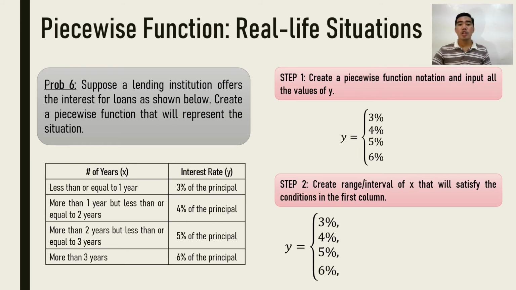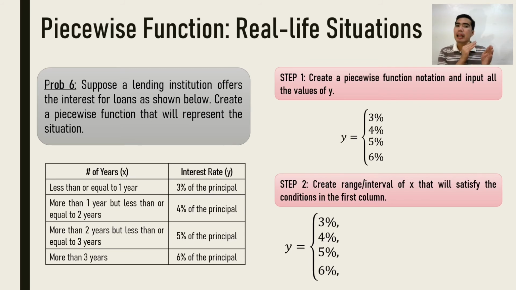Okay? So, what is the condition for 3%? Less than or equal to 1 year. So, that's why we have less than or equal to 1 year. So, kasali dito yung 0, except sa negative infinity. Why kasali sila?